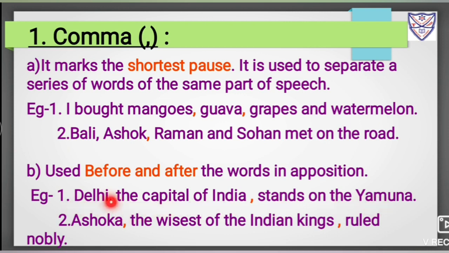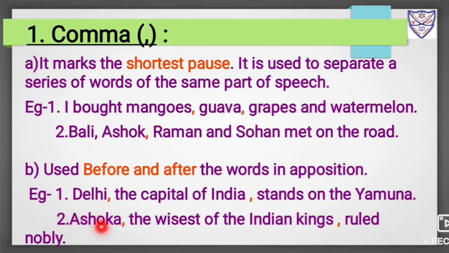Therefore we can use commas in between. Why? So that we can separate the series of words of the same part of speech. As well as while speaking also we will give some short pause in between, that is Delhi, the capital of India, stands on the Yamuna.